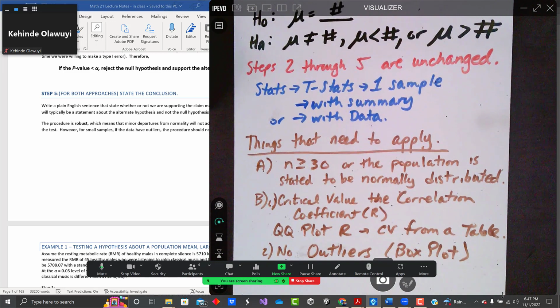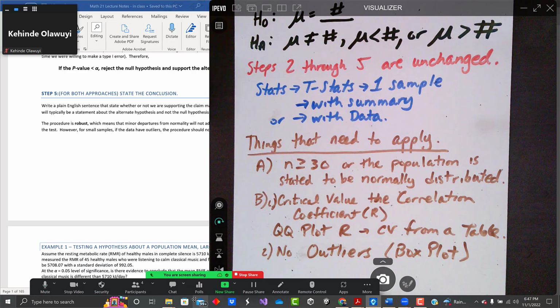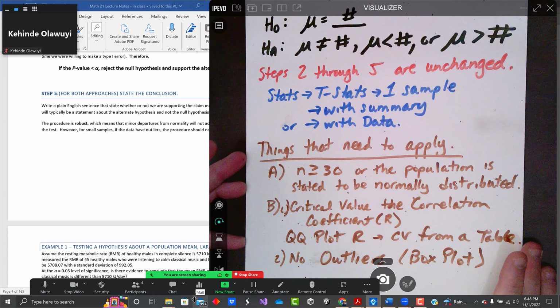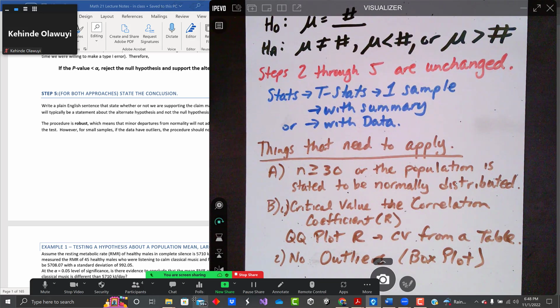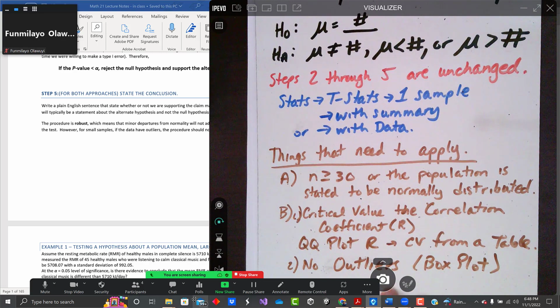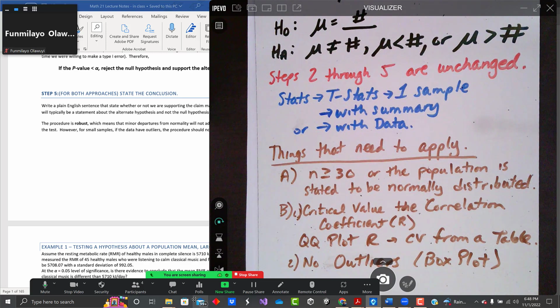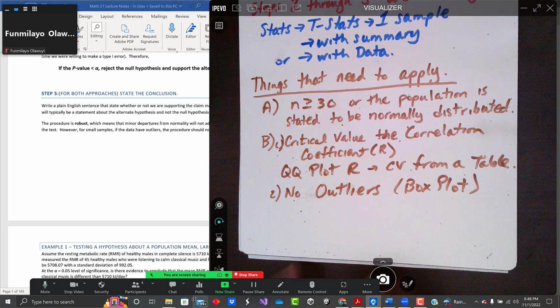That way you can see H naught and HA in all its glory. All right, that's kind of it for the rules. We're just going to do some examples now. Well, there is one more.